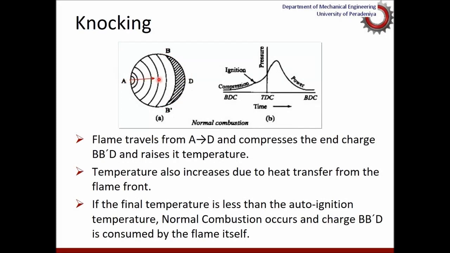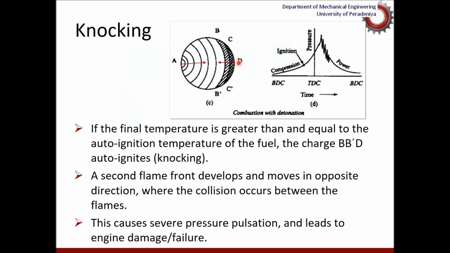When the flame reaches the end gases, or before the flame reaches the end gases, the auto ignition temperature of this gasoline is reached, then they will start burning on their own, so that a pressure wave will be generated from the other side. So this is the propagation of the proper flame, and this is the propagation of the flame due to auto ignition.